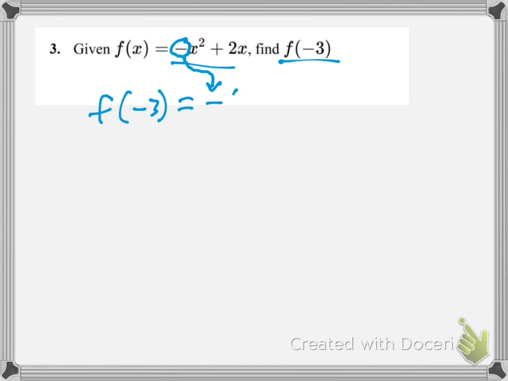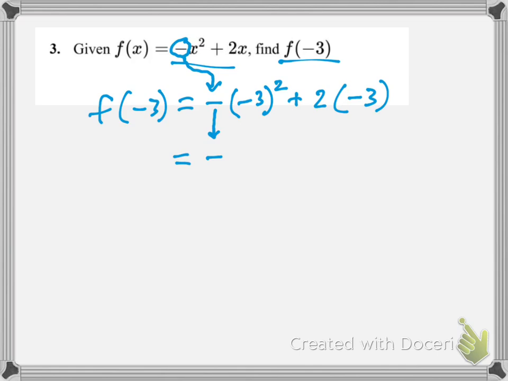So now x is negative 3 squared plus 2 times negative 3. Again, I know you guys are going to use your calculators, I get that, but I want to show you this minus sign still comes down. The negative 3 has to be in parentheses because you're substituting it in for x.